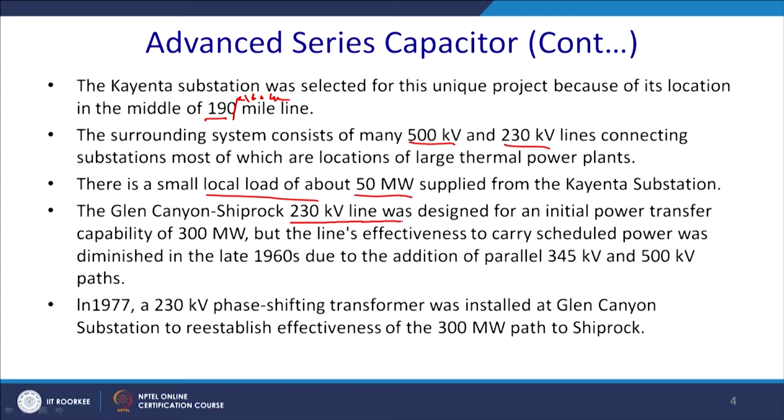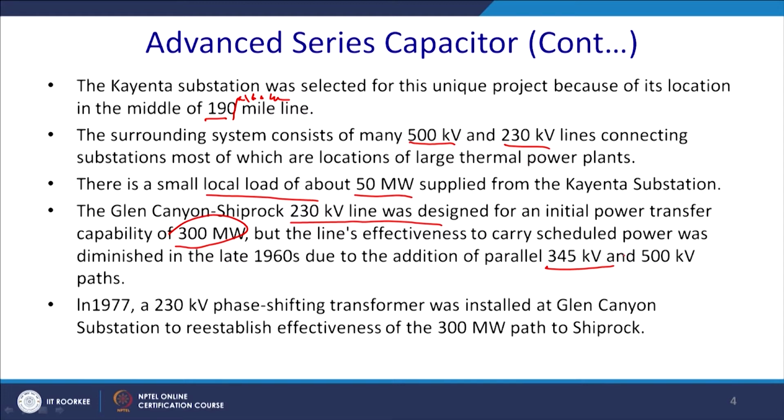The Glen Canyon Shiprock 230 kV line was designed for an initial power transfer of 300 megawatt, but it was found that the power this line could effectively carry as scheduled diminished in the 1960s due to the addition of parallel lines of 345 kV and 500 kV. So, its capability was reduced because of the parallel path.